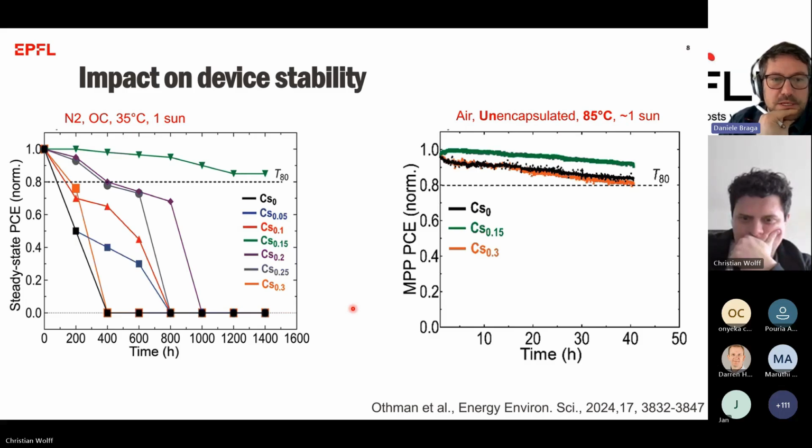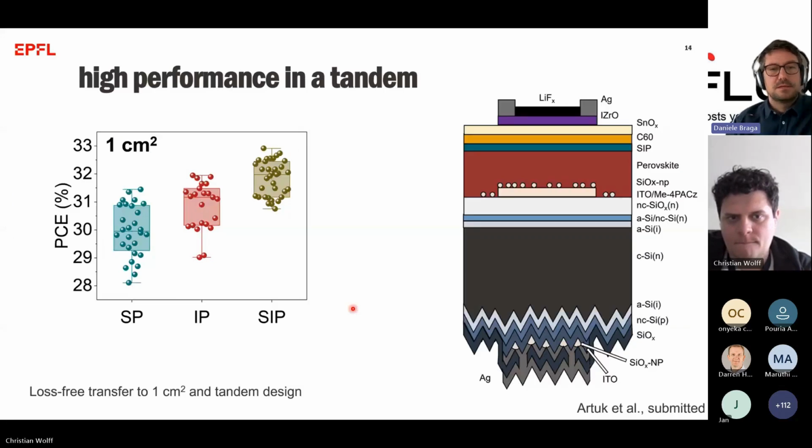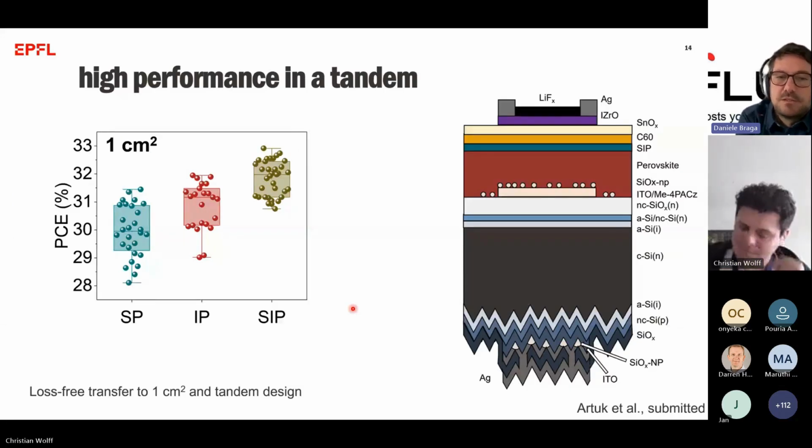Let's move forward to another question from Imalka. It's asking if the passivation is being used on the texture cells, or do you see a similar improvement? If you use passivation in the texture cells.